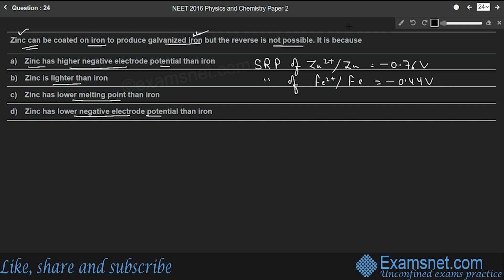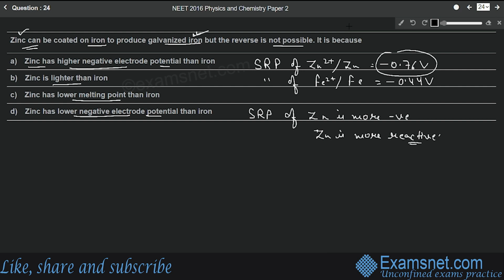Okay, so which one is more negative? Zinc, -0.76 volt. So we can say that the SRP, that is standard reduction potential of zinc, is more negative as compared to that of iron. That means zinc is a more reactive metal as compared to iron.